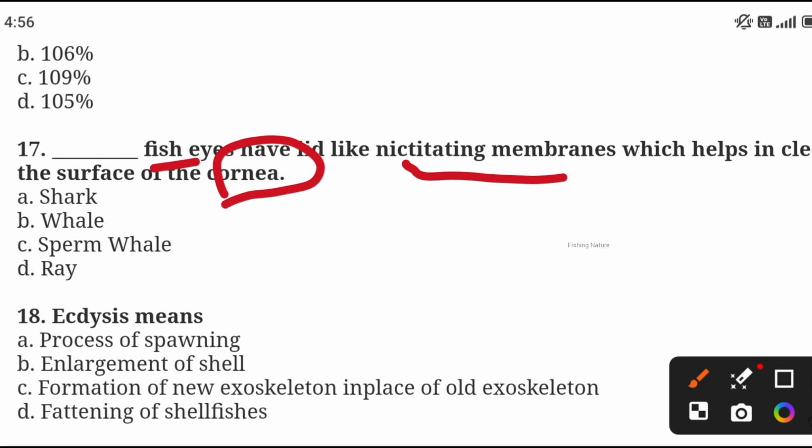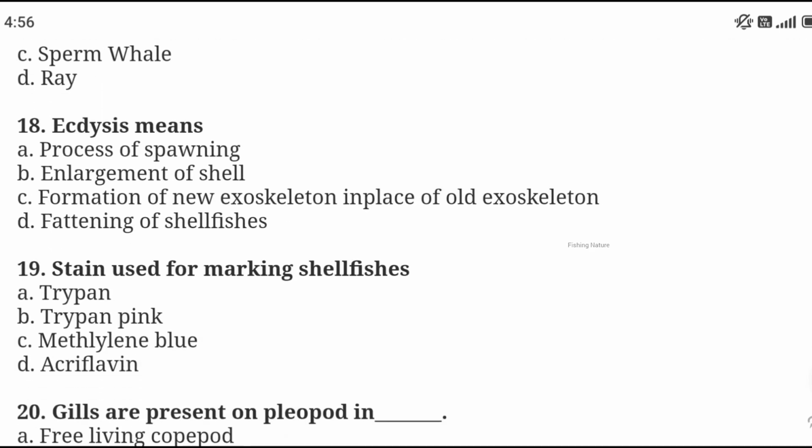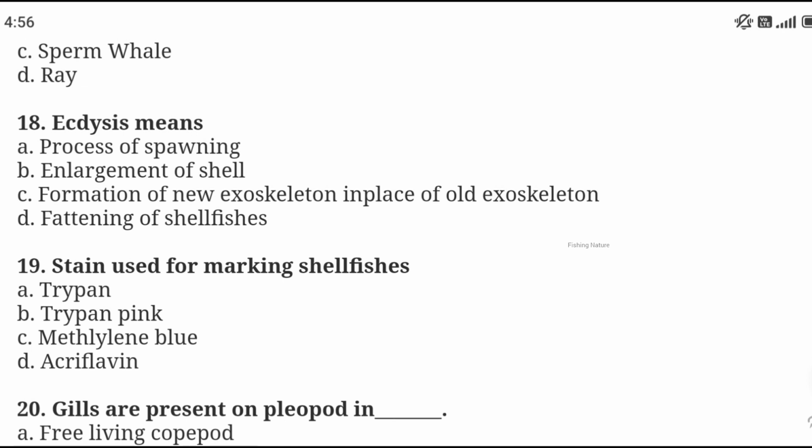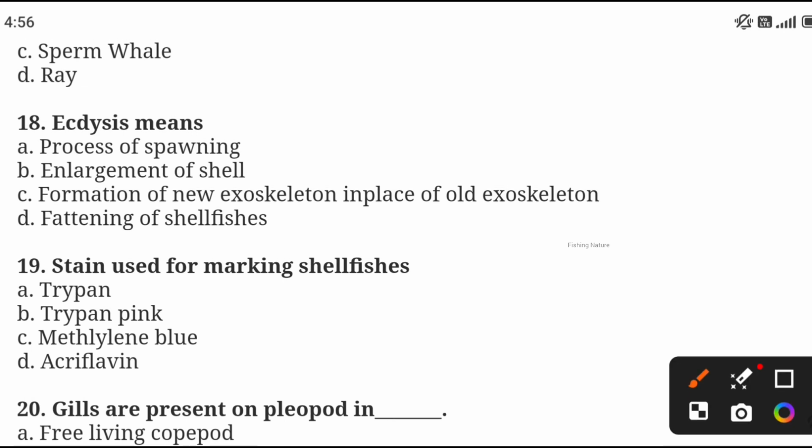Sharks have them. Next, ecdysis is the process of spawning, enlargement of shell, formation of new exoskeleton in place of the old exoskeleton, or fattening of shellfishes. Ecdysis is the formation of a new exoskeleton in place of the old exoskeleton. This process is known as ecdysis.